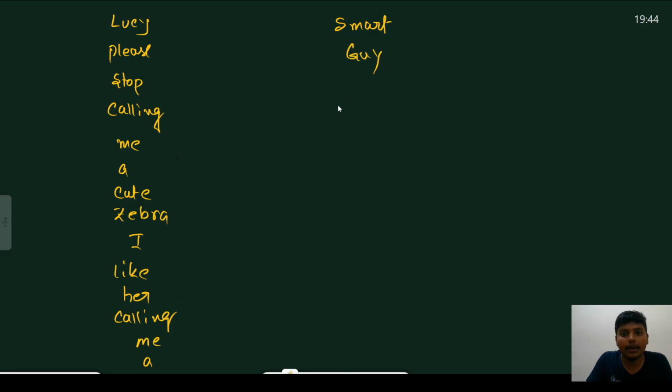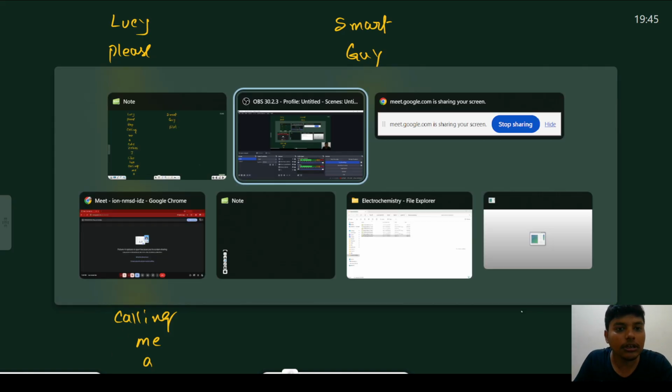Remember, the highest reducing power, the lowest negative value, is lithium. Lucy means lithium, please means potassium, then sodium, then calcium.